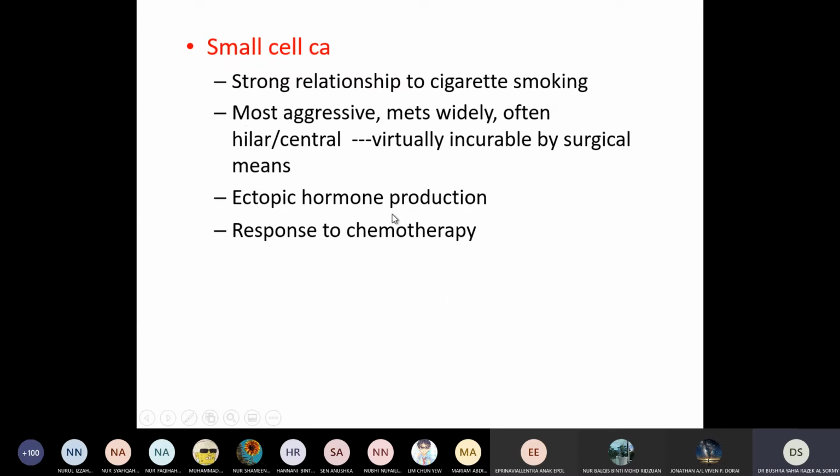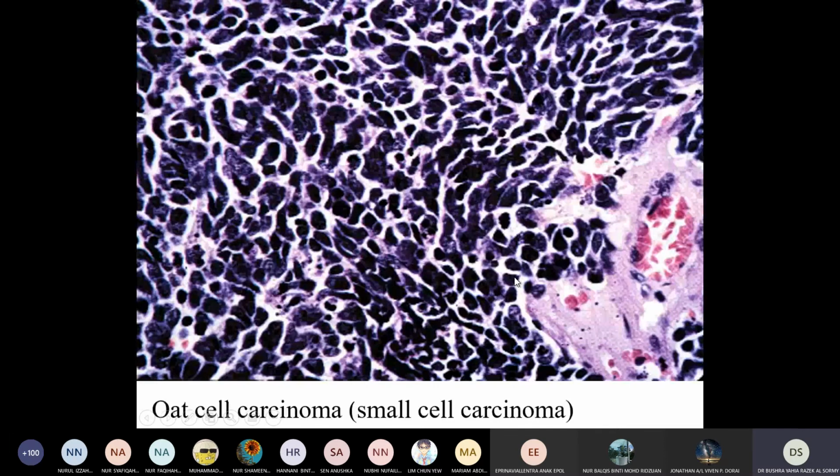Once we diagnose small cell carcinoma, we have to report to the surgeon, because it is highly aggressive and it is doubling every day. So it can metastasize easily. So you can see these are small cells. We call them blue round cells, because when we look at the tumor it is like blue.